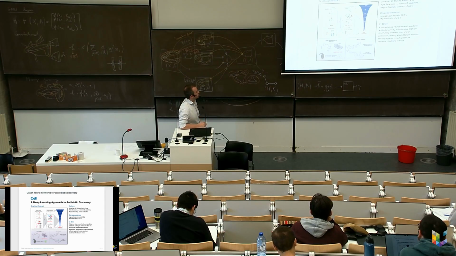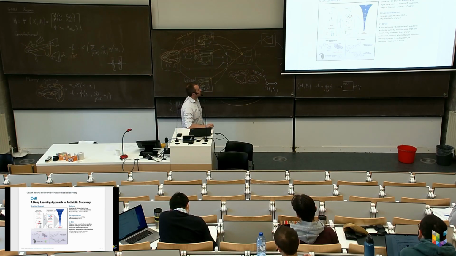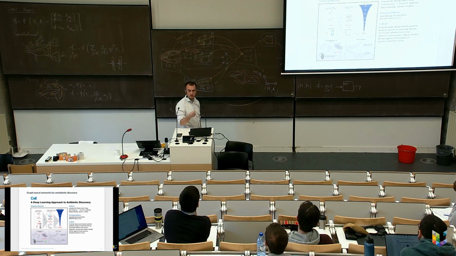And if we have data sets with molecules on the one side and then the effect of the drug as output, then you can learn a classifier, in this case a graph-level task, that takes as input this graph representing the molecule and tells us whether or not the molecule is interesting.